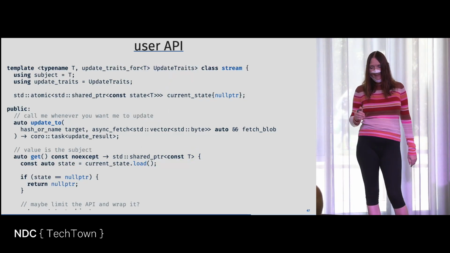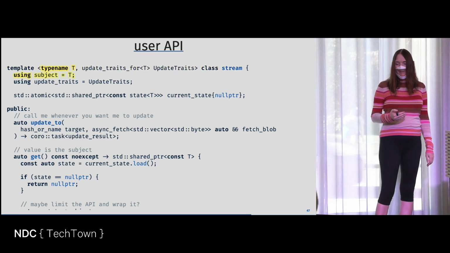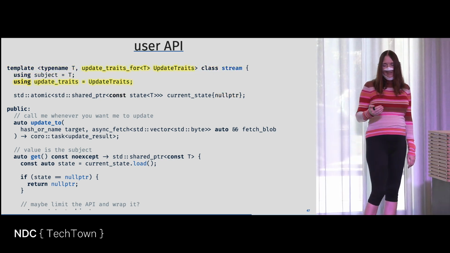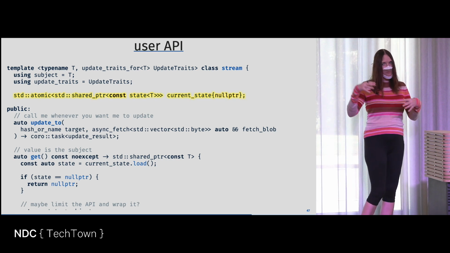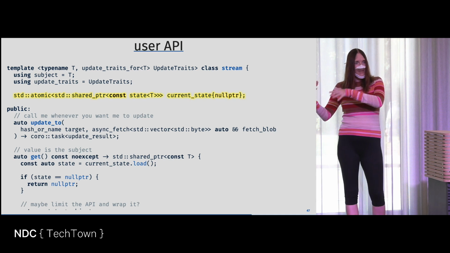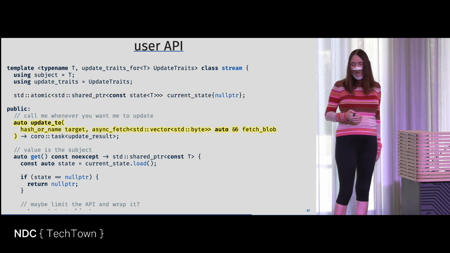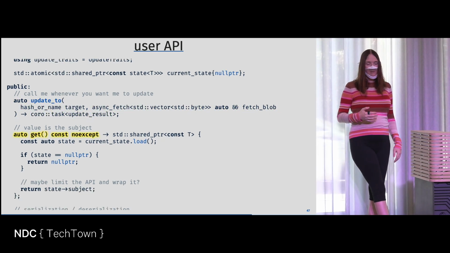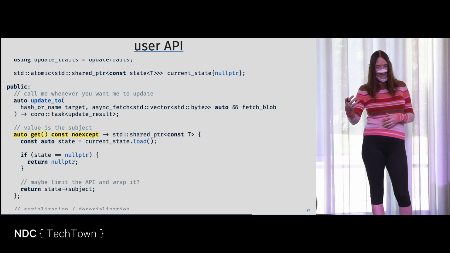So I call it stream because it's like streaming data. And it's just a class which contains an atomic shared pointer of the state, which is owning the type I'm updating. The update function I showed you before. Then there is a function get, which will give you a shared pointer of the subject itself.